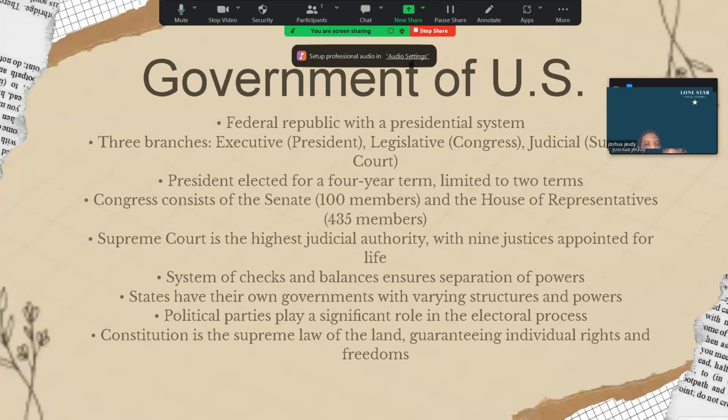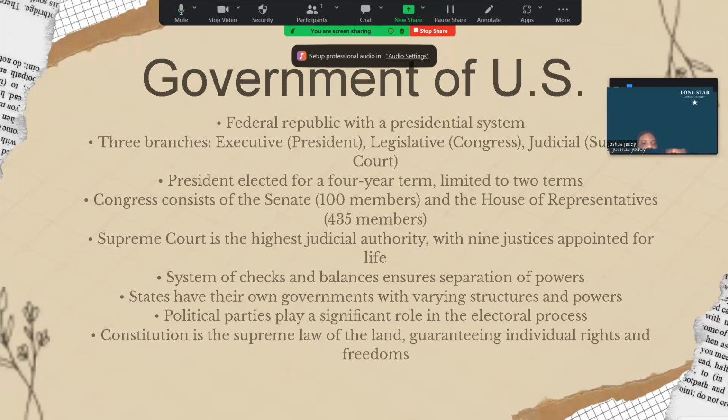Our country is a constitutional republic. What that means is that we abide by the rules set forward by the founding fathers in the Constitution. So we follow the Constitution. The Constitution is the rule of law in the United States. So everything comes from there, including the 3 branches.